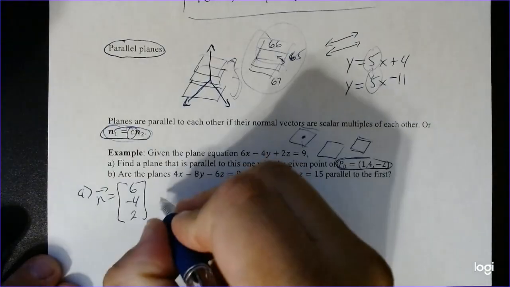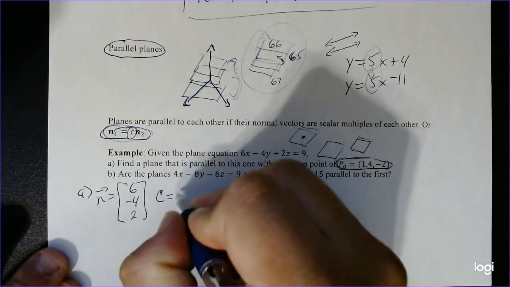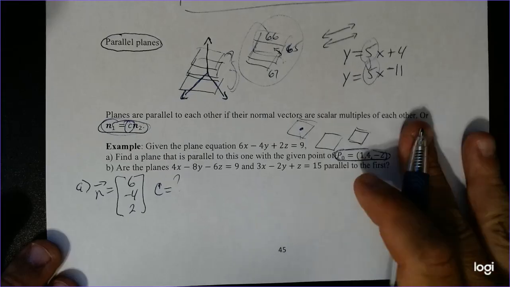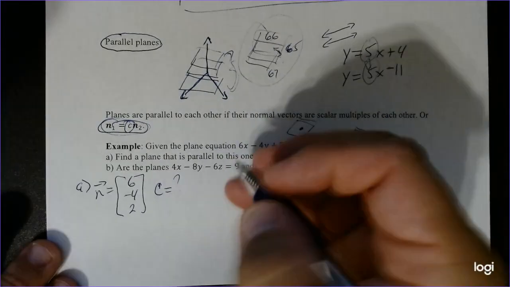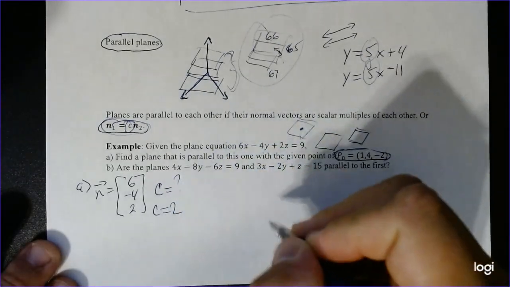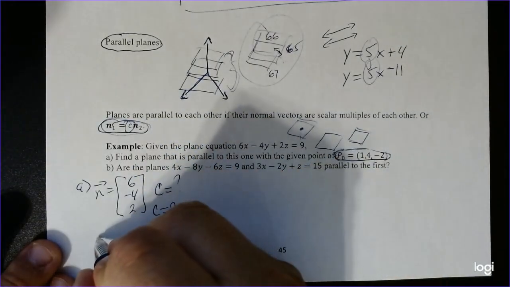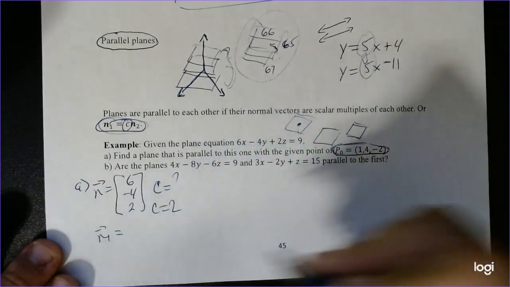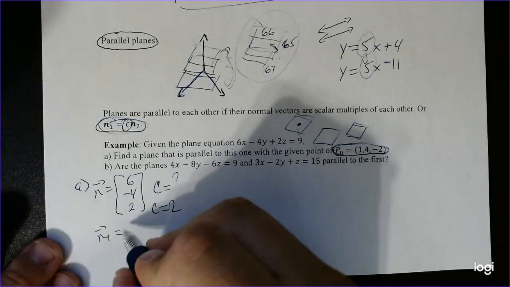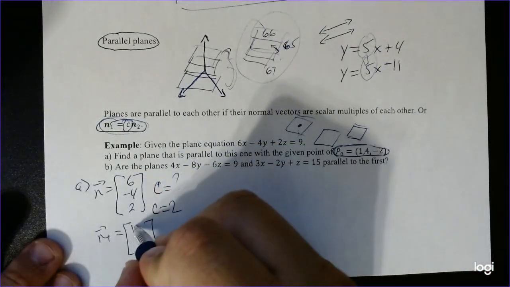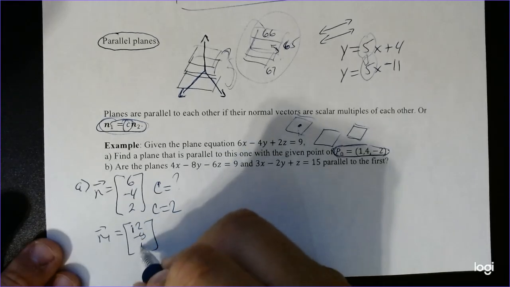So really, you get to choose any constant you want because you're just scaling up and scaling down. We'll just use 2, for instance. If I use c equaling 2 and follow this format, our new vector would be just times it by 2, so 12, -8, and 4.